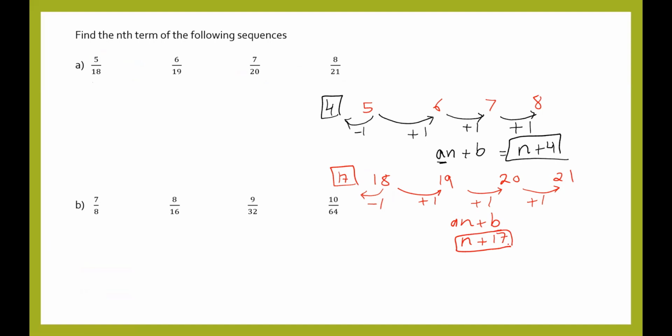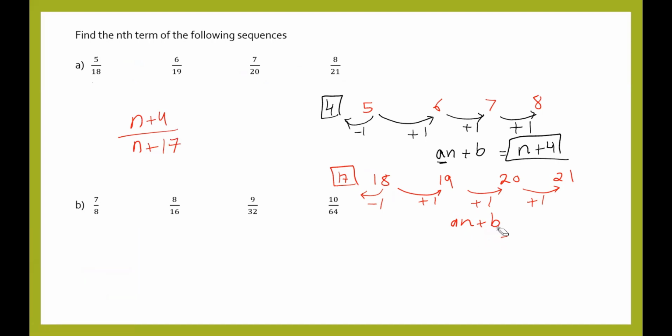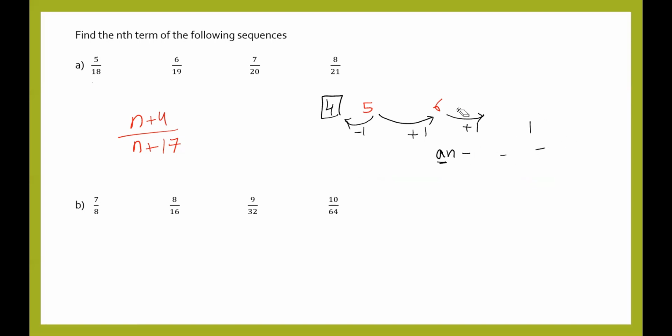So now, to get a common nth term for the complete sequence, it will be n plus 4 over n plus 17. If you're not sure about your answer, you can just do substitution, replacing n by 1 to get the first term, n by 2 to get the second term, then 3, then 4, to make sure that you have the first 4 numbers and that it's correct.